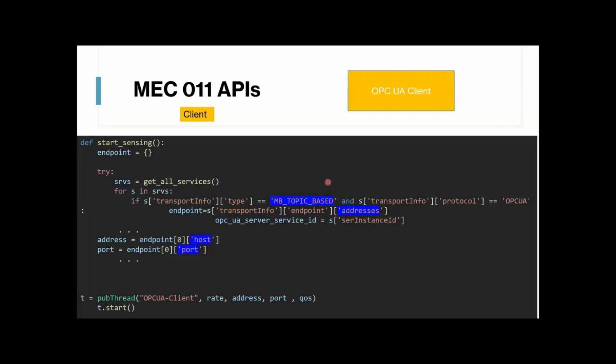Once the wanted service is found, the client is able to get access to all the endpoints. In this case, it gets access to the address, which contains the host and port number. After this, the client can connect itself to the server because it is aware of the endpoints that are registered by the server through the MEC platform.